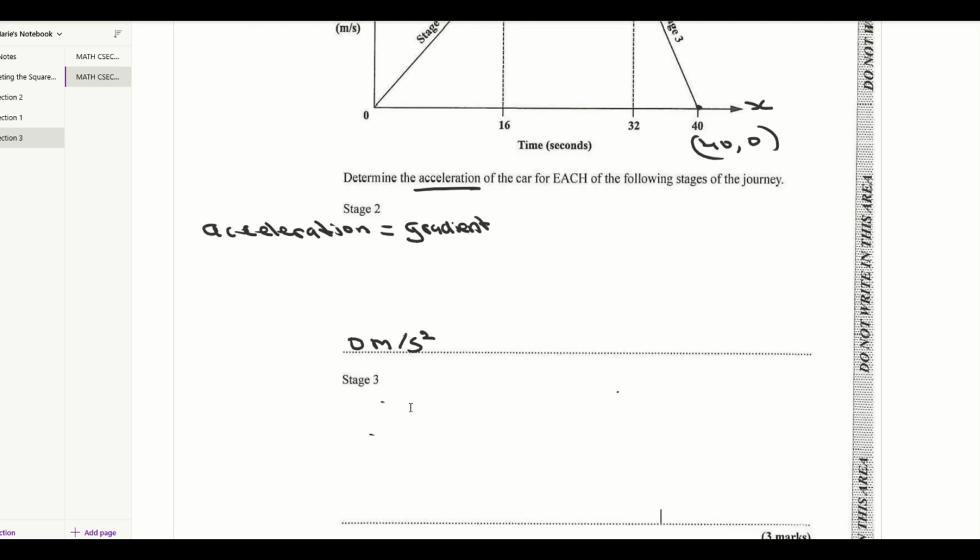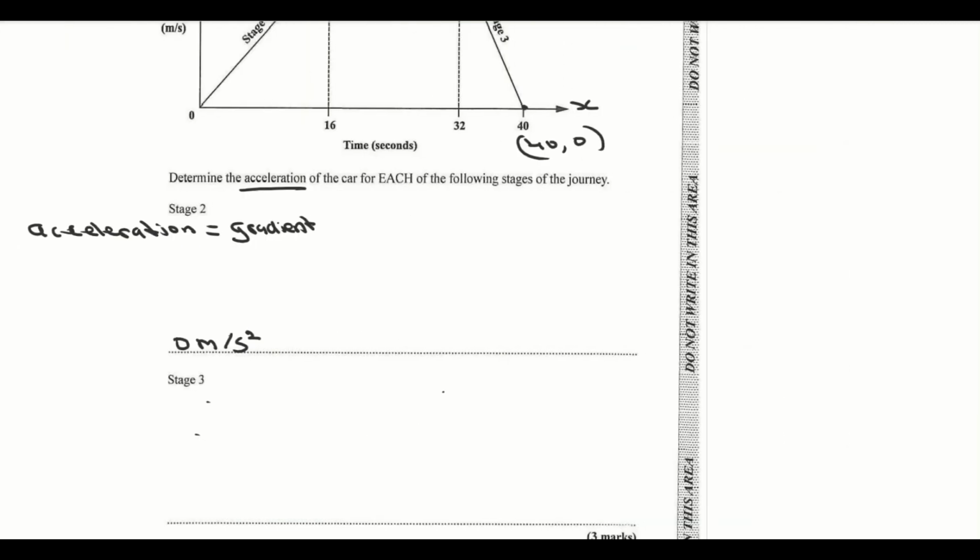Now to find your gradient, that is m, m is equal to y2 minus y1 over x2 minus x1, right? So we have to get two coordinates. We know the coordinate for stage 3.